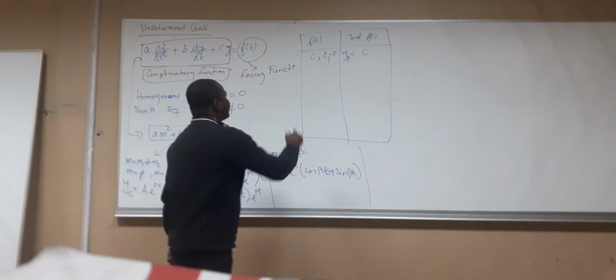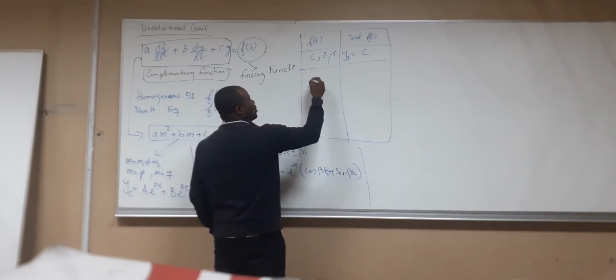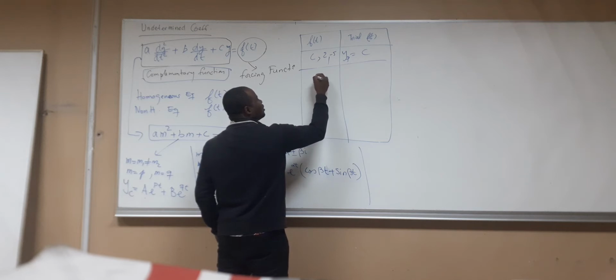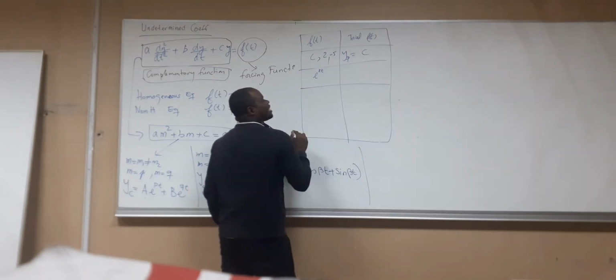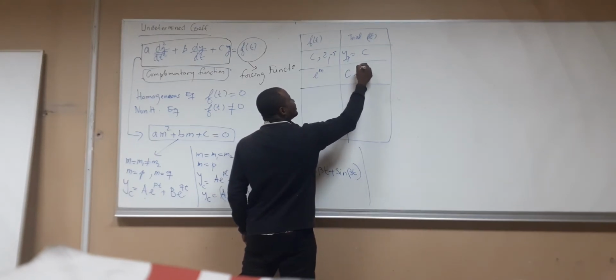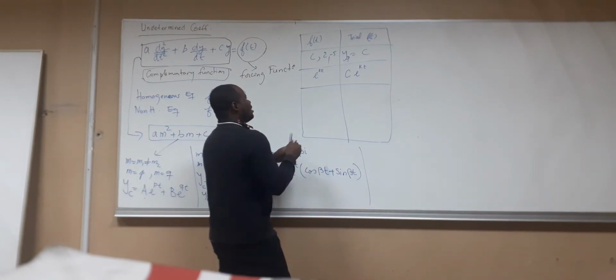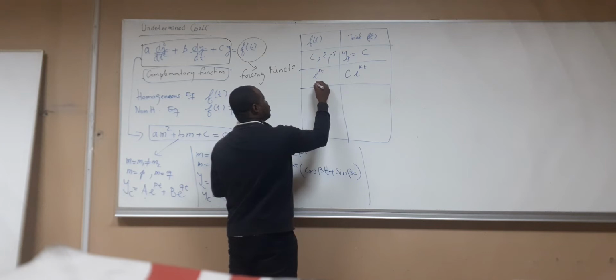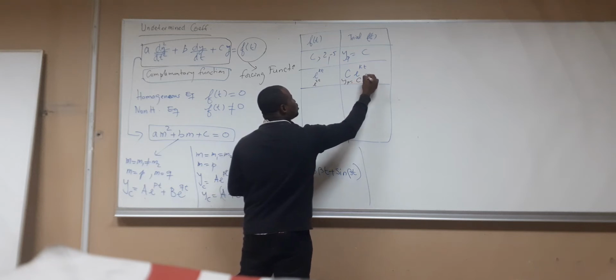Now, if your forcing function is equal to an exponential form, e to the power kt, your trial function will be equal to c e to the power kt. A simple example would be if your forcing function is e to the power 2t, your yp will be equal to c e to the power 2t.